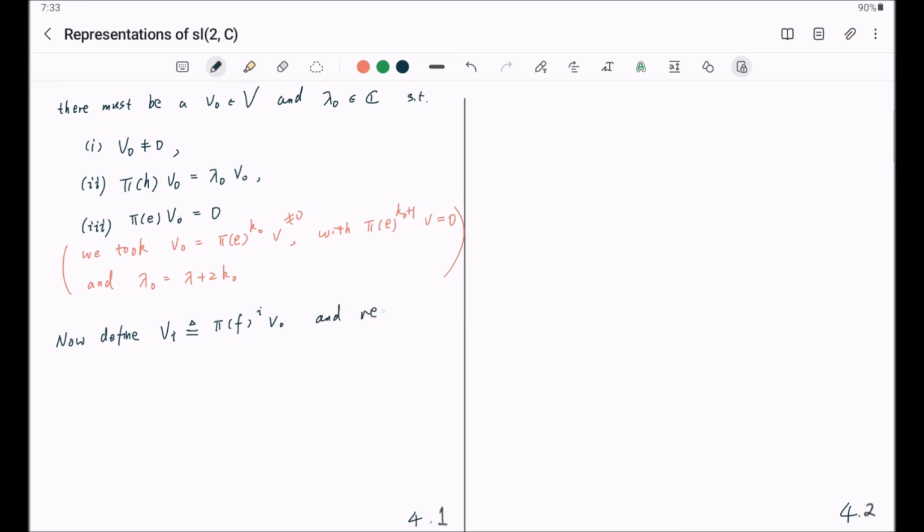And recall that the bracket of H and F is negative 2F.